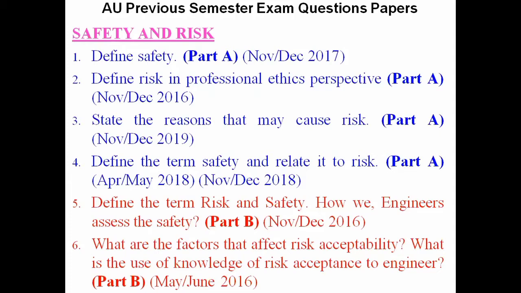Part B questions are: question number 5. Define the term risk and safety. How we engineers assess the safety. Question number 6. What are the factors that affect the risk acceptability? What is the use of knowledge of risk acceptance to engineer?